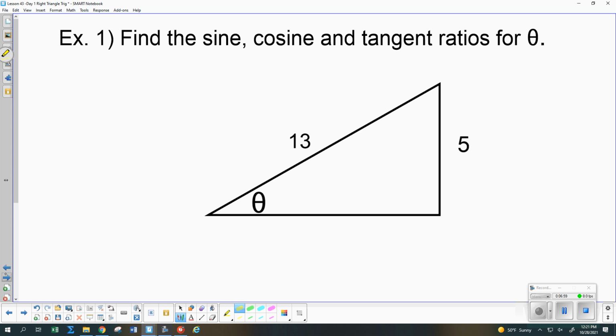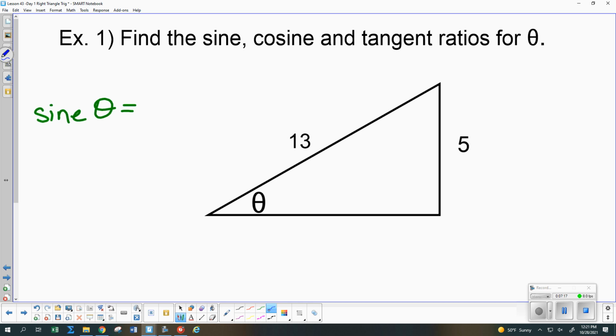So let's try this out a little bit. They give us a triangle. Two of the sides are labeled. And I am going to start with, I need to find the sine of theta.